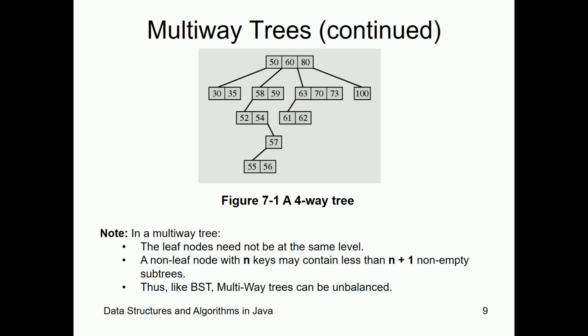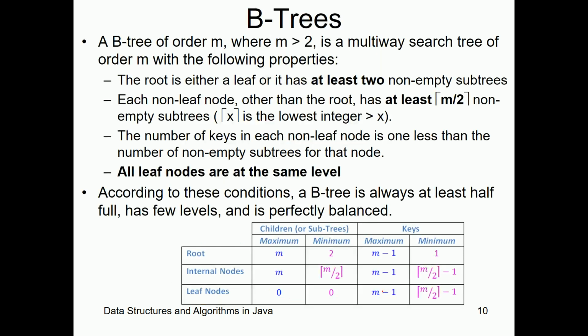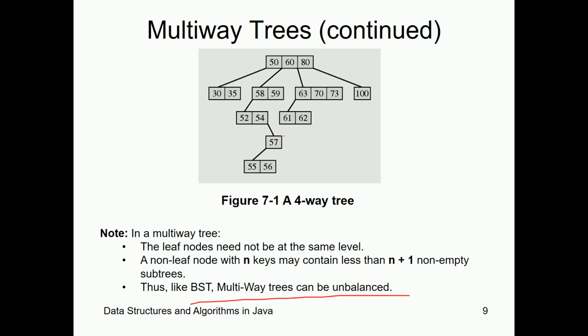Now in this type of tree, it can result in some kind of unbalanced result. Now the B-trees are a type of trees that try to avoid this kind of unbalancing.